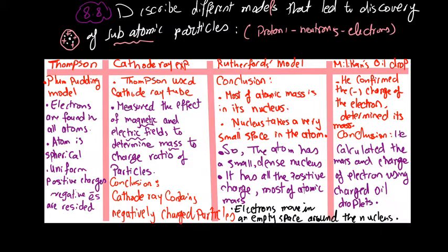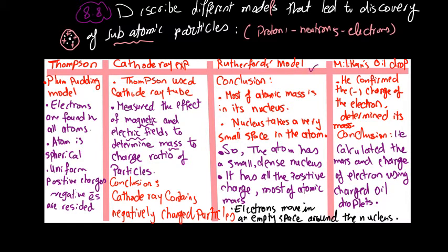Mass to charge ratio means the ratio between the mass and the charge of the particles. He concluded that cathode rays contain negatively charged particles. Those particles we call electrons.